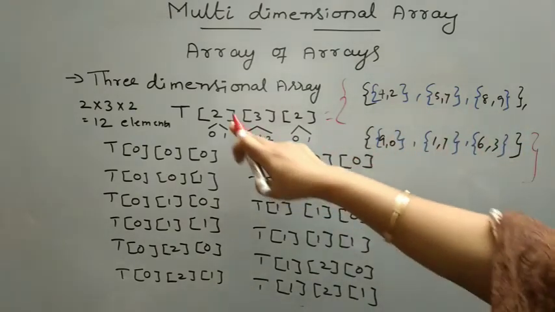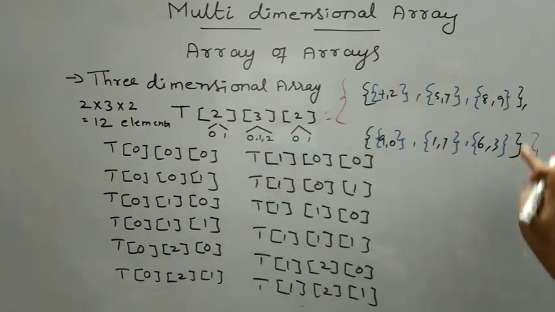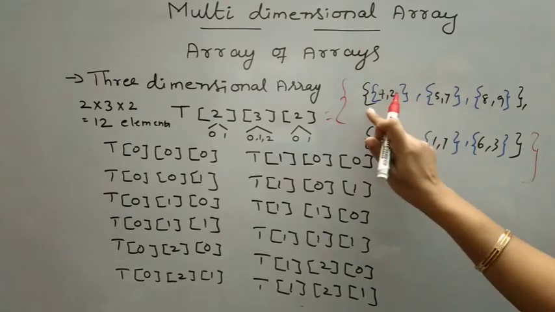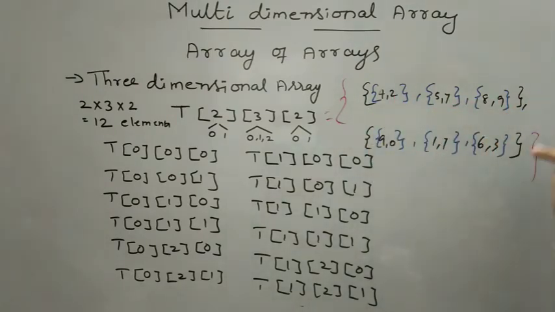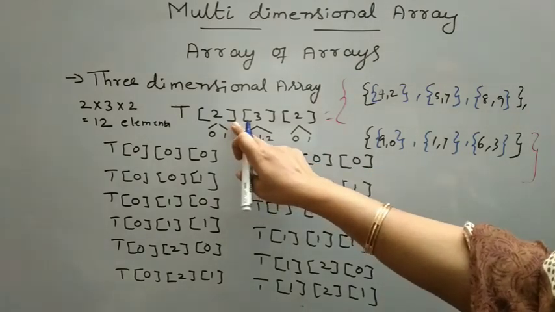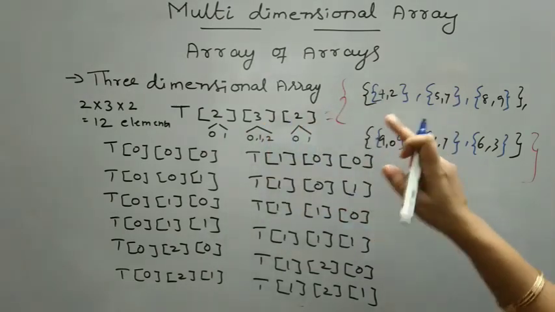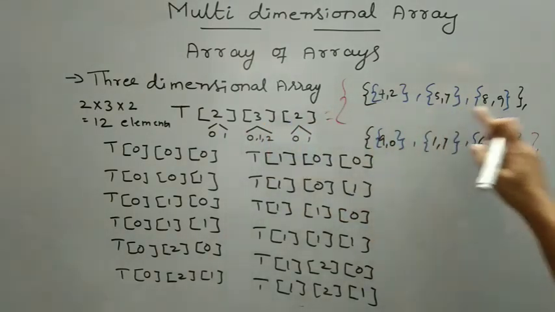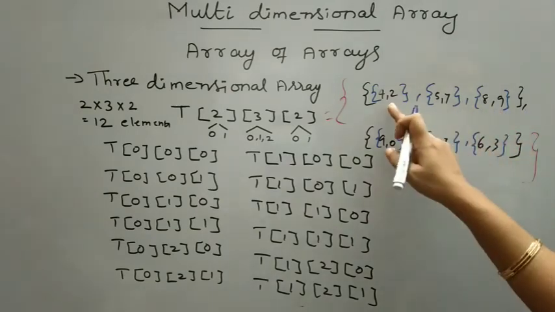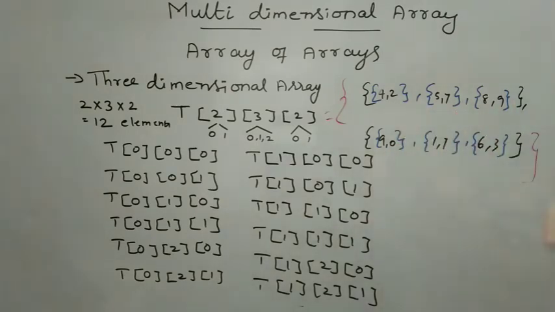Within the curly braces we have 2 individual rows, and the row values are enclosed within curly braces. Since we have 2 rows, the rows are separated by comma. Within each row we have 3 rows of 2 elements, that is marked in blue. In each row we have 2 different elements.